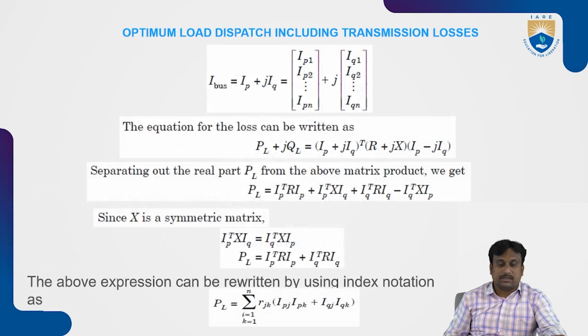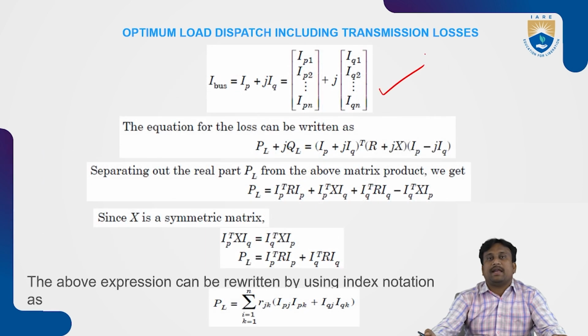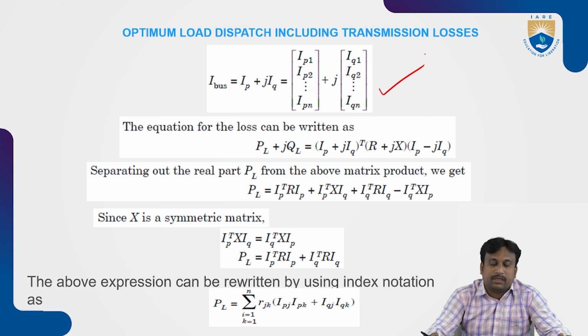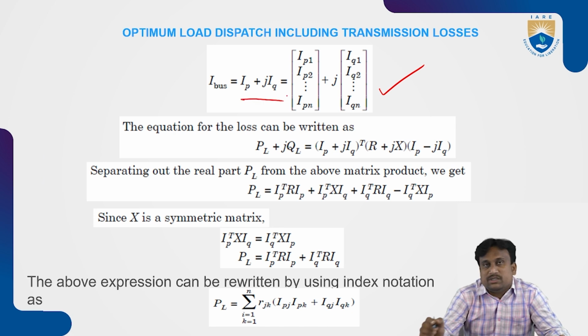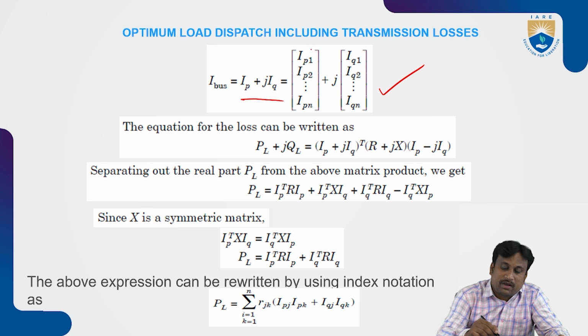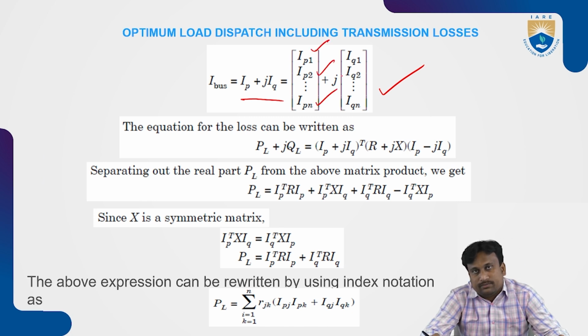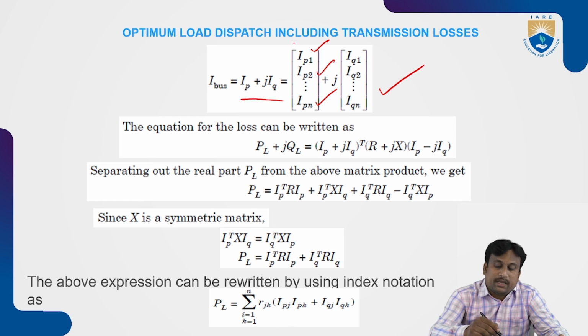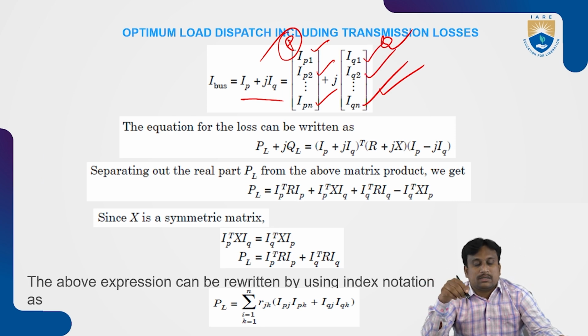After this, we need to extend the analysis with the current bus, that is I bus equals IP plus JIQ. So IP1, IP2 up to IPN are considered, which is the real term coefficient P in terms of the current, and the reactive power coefficient Q, that is IQ1, IQ2 up to IQN, is considered.